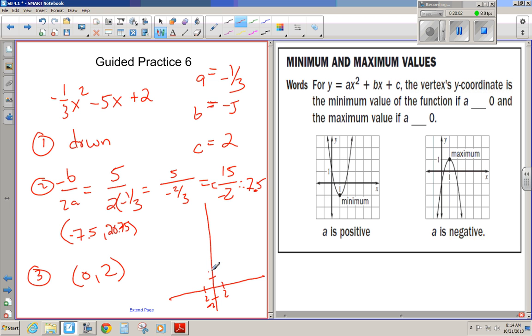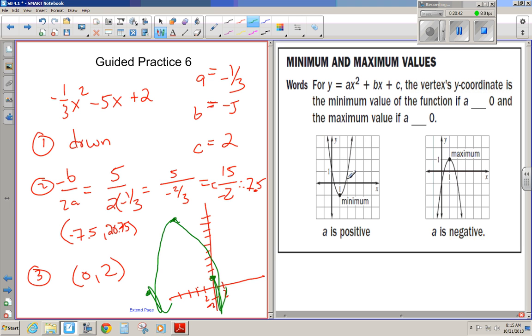Now when I graph this, I graph the vertex, negative 7.5, 20.75, 0, 2, and then there's another point over in this direction, and you have your perfectly drawn parabola.